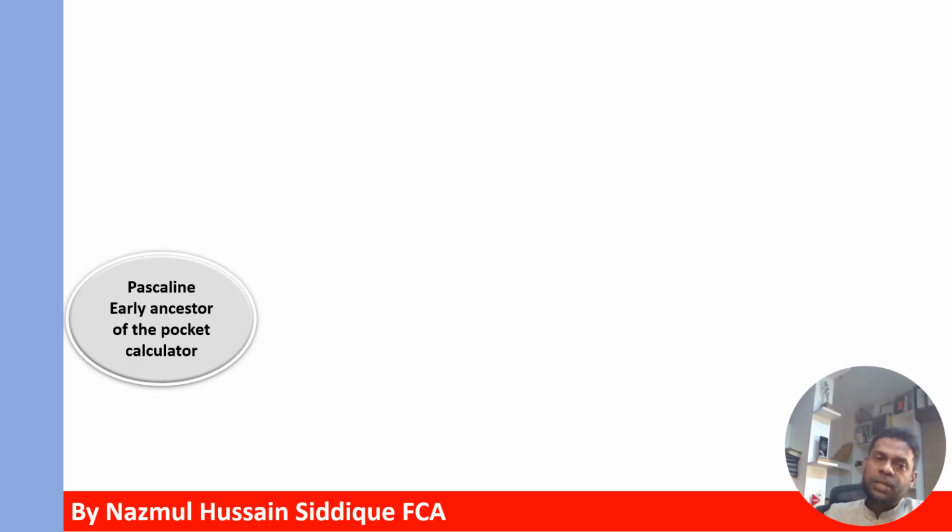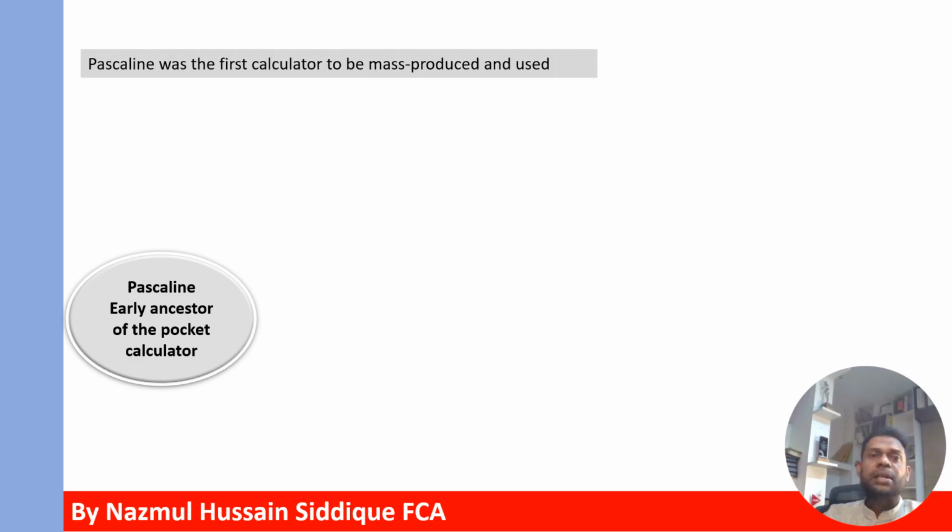Next milestone হচ্ছে Pascaline. Pascaline হচ্ছে early ancestor of the pocket calculator. Pascaline কে বলা হতো early ancestor of the pocket calculator. Pascaline was the first calculator to be mass produced and used.